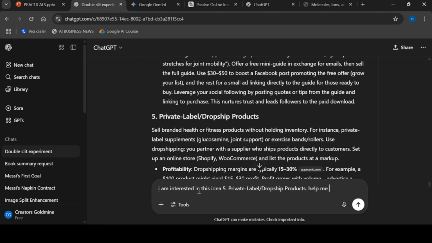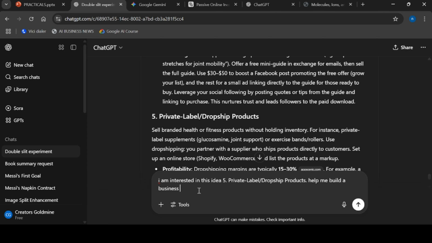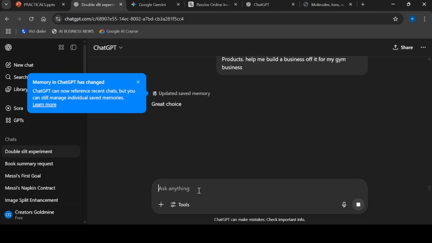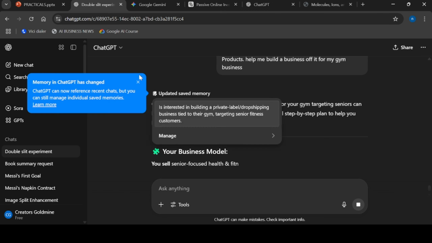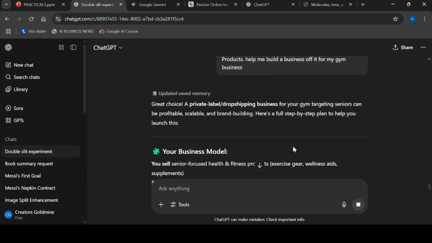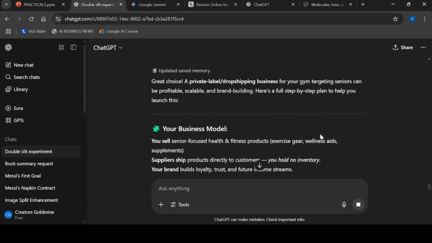Help me build a business of it for my gym business. So you see, I just took one of those ideas and now it will build something for us.